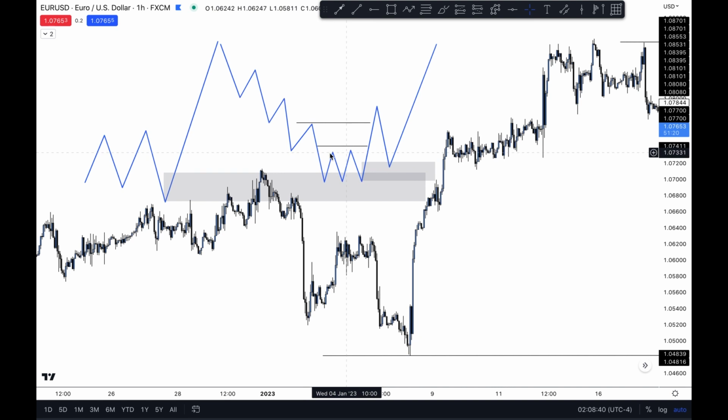This structure in here is considered internal structure, and sometimes you need to wait for the external structure to be taken out to consider taking a confirmation entry. And I don't have a guideline for when you wait for which one. That's literally up to you. That's some of the mystery of the market, and at some points you just need to make a decision on what you want to do.